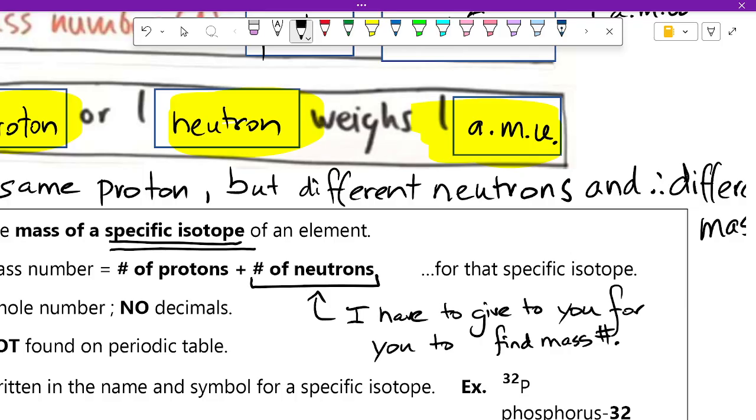There is no information on the periodic table that lets you know the number of neutrons.